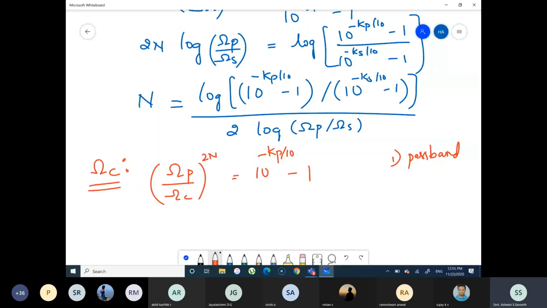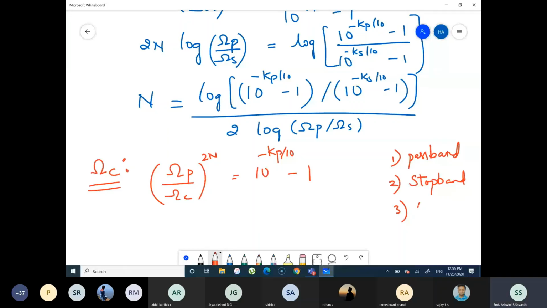One is we consider omega c to satisfy the pass band requirements, taking the cutoff frequency to satisfy the pass band edge frequency and calculating it depending on omega p. Otherwise, we'll assume that it satisfies the stop band requirements and calculate using omega s. Otherwise, you can take the average of the above two.